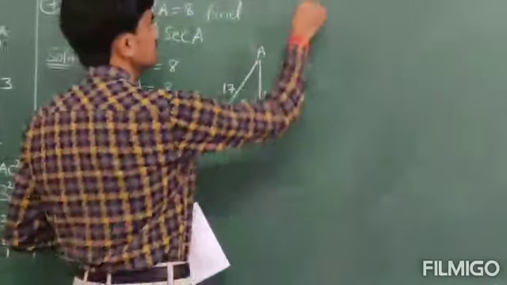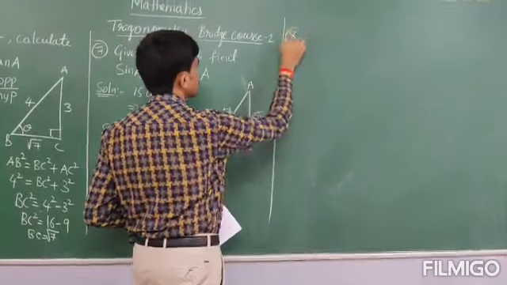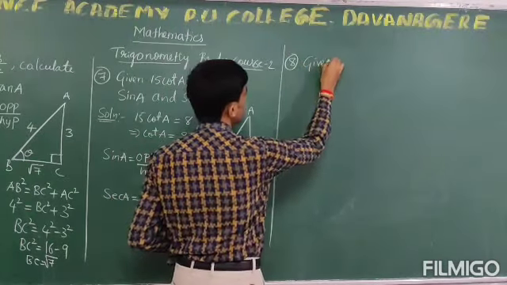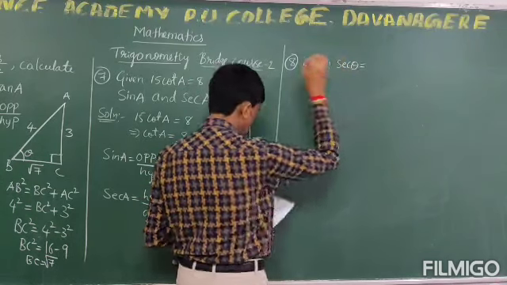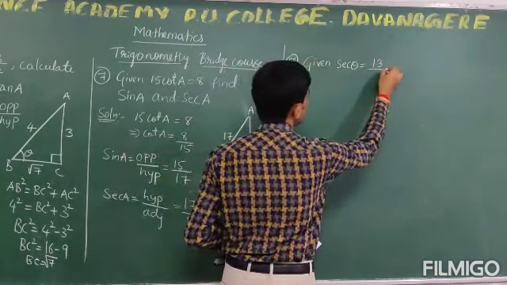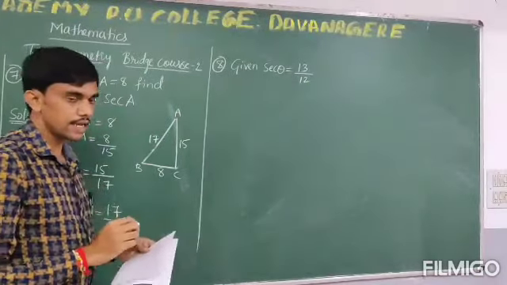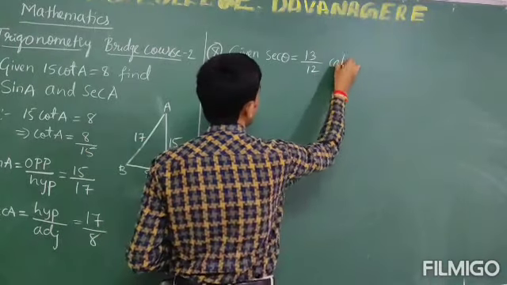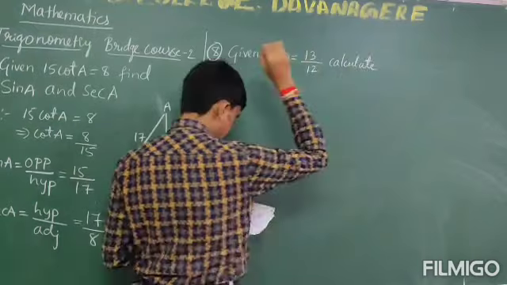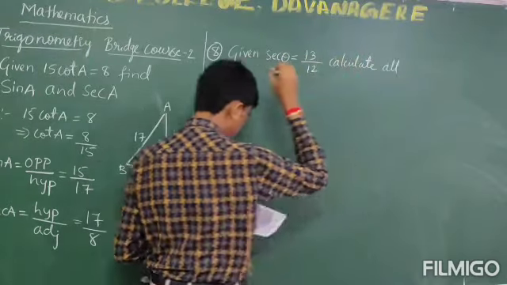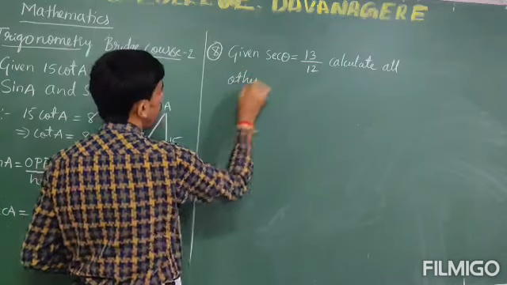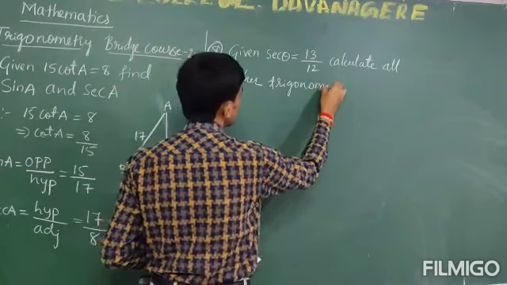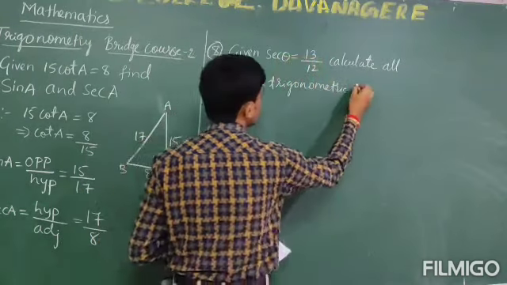So next problem, problem number 8. They given that secant theta is equal to 13 by 12. They ask to calculate all other trigonometric ratios.